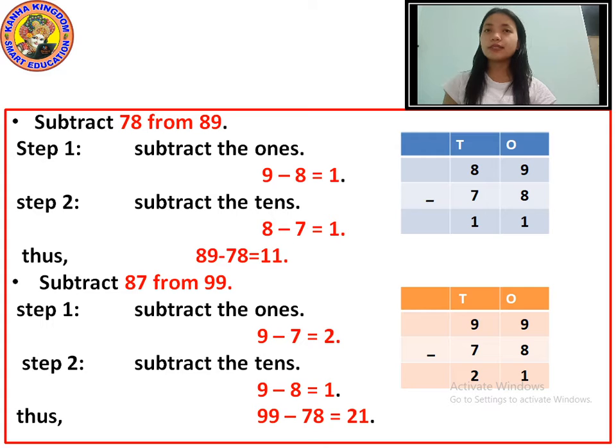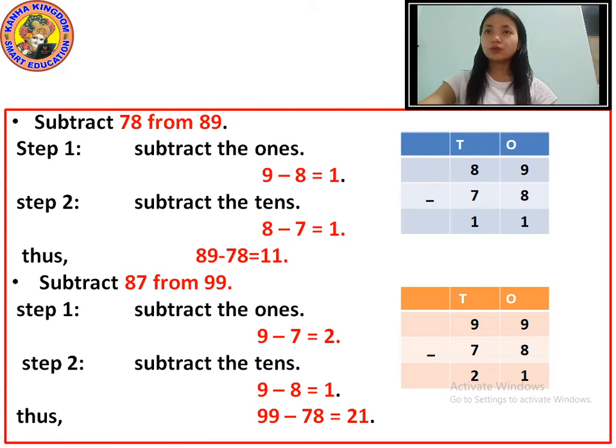While subtracting 78 from 89, we got 11 as a difference. Okay student, this is the process of subtraction of a 2-digit number.